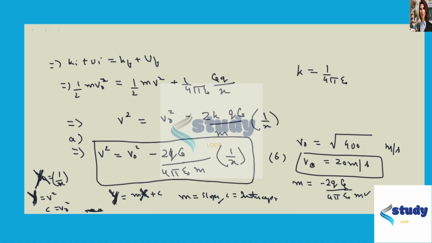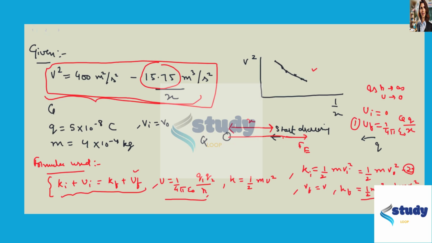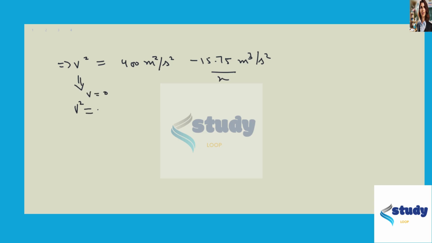So let's go to the equation again. So this is our equation. So v square equals 400 meter square per second square minus 15.75 meter cube over second square over x. So v is equal to 0, that's v square equals 0, so this term is equal to 0. So this becomes 400 equals 15.75 over x.